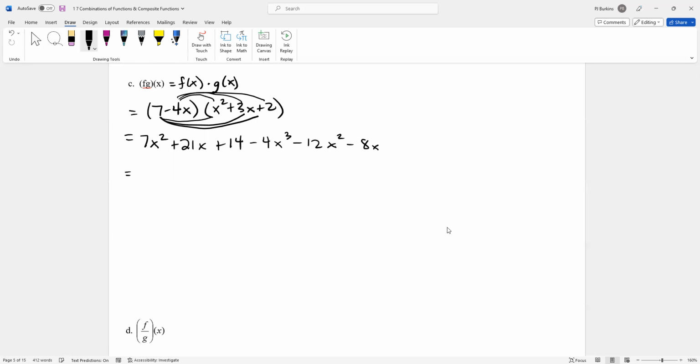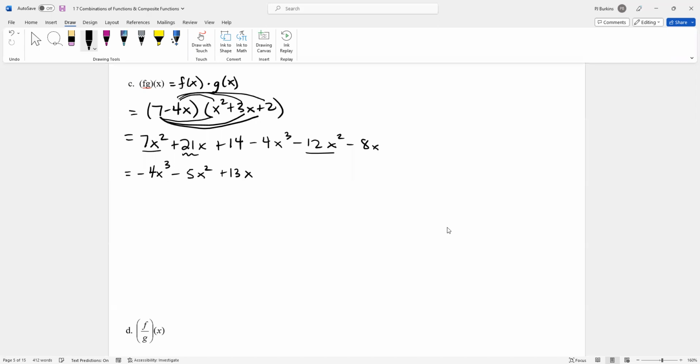Again, I would like to combine like terms. So minus 4x cubed is by itself. Then I've got 7x squared and minus 12x squared. That's going to be minus 5x squared. Then I have 21x minus 8x. That's going to be plus 13x.